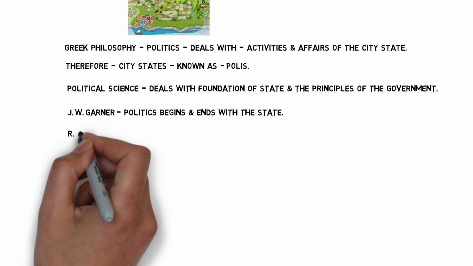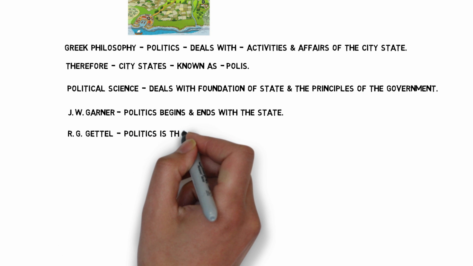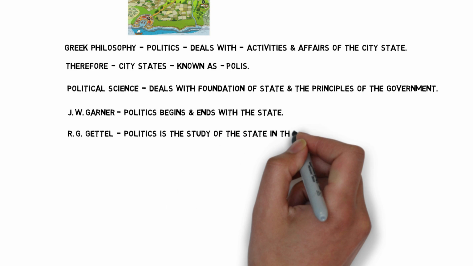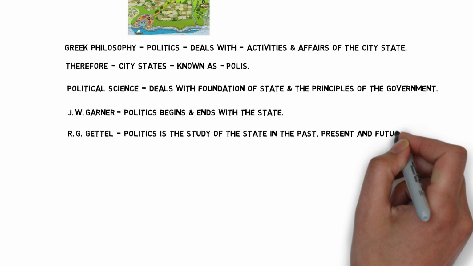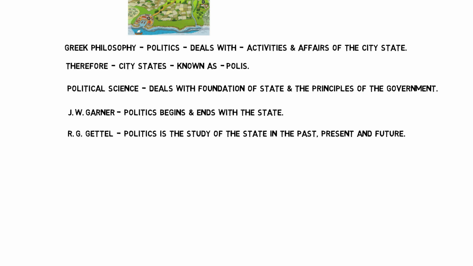Then we have R.G. Gettell, who puts it this way: politics is the study of the state in the past, present and future. So Gettell gives a very broad perspective. The study of politics is about the state and its past: what was the history of the state, how the state was formed, and which individuals or institutions played a role in bringing about a consensus in building the state.